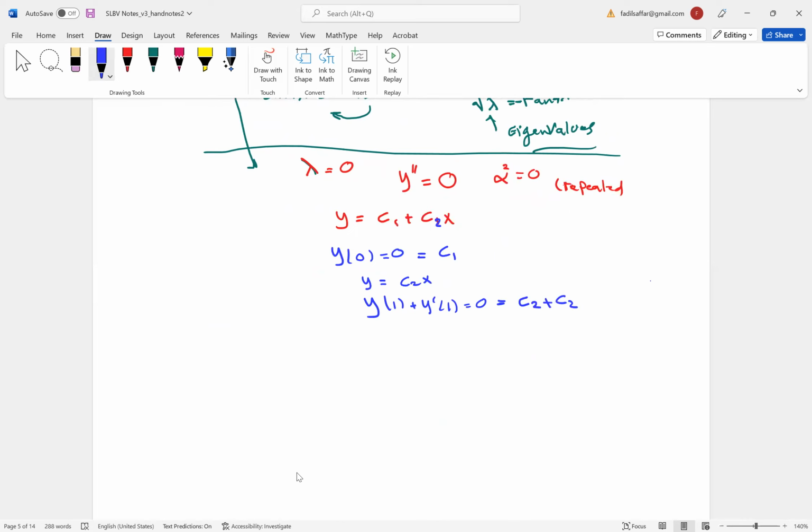That means C2 equal to 0, and basically the whole solution is equal to 0. So that's why, in this case, we say that lambda equal to 0 is not an eigenvalue. Hope that's clear, and if it's not, that's still fine.